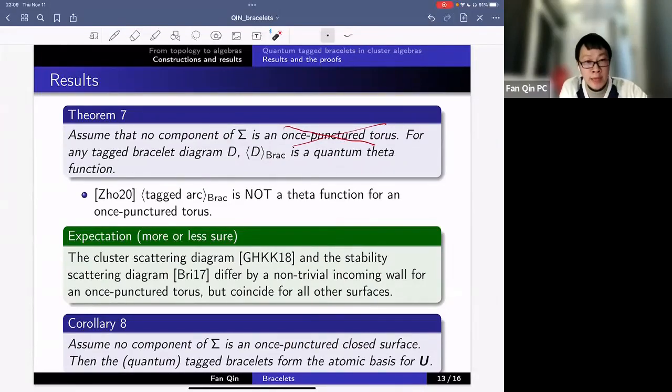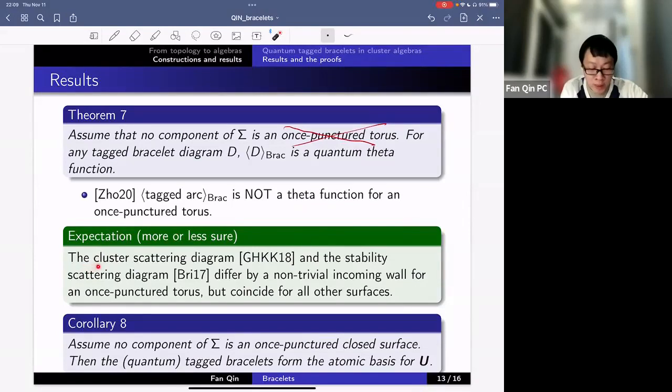The work by Zhou Yan, she calculates them explicitly for punctured torus. For the once punctured torus, the tagged arcs are not the same as the theta functions in this case. And by this theorem, more or less, I'm sure about this. We haven't written this down yet, but we think more or less this is clear to us now.